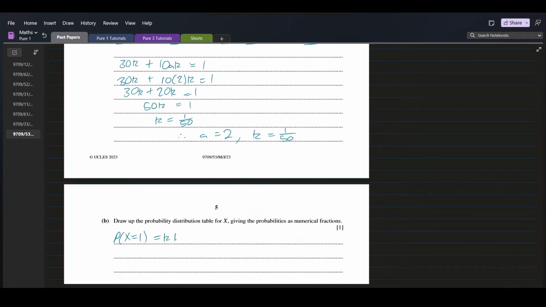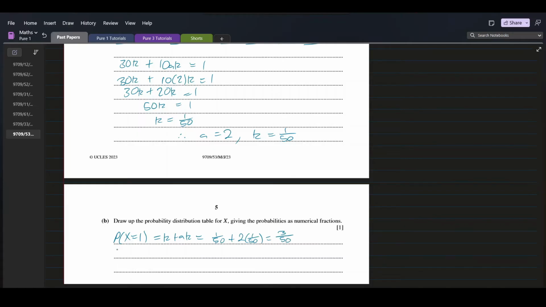So if we substitute k and a, that becomes 1 over 50 plus 2 times 1 over 50. So that gives us 3 over 50.